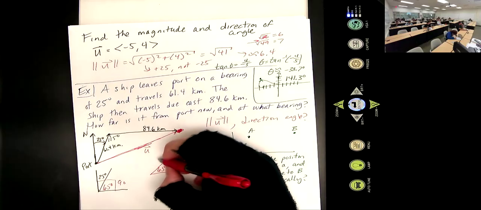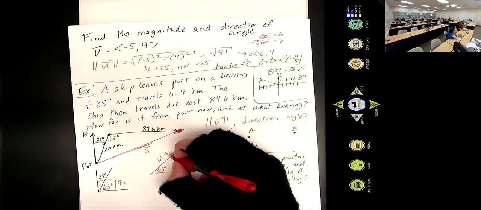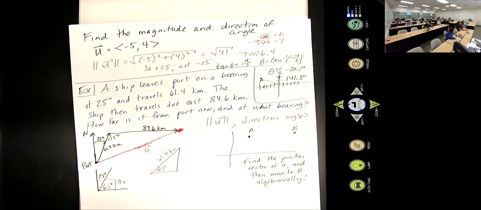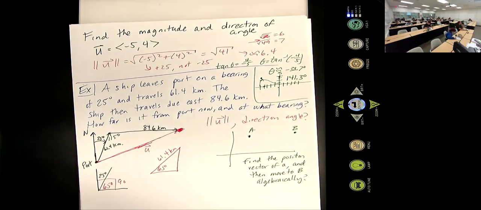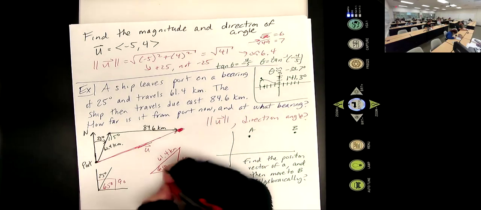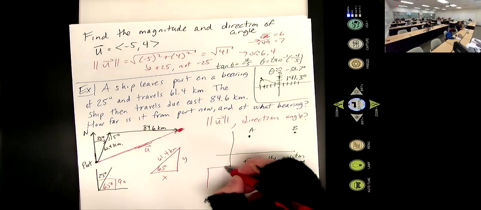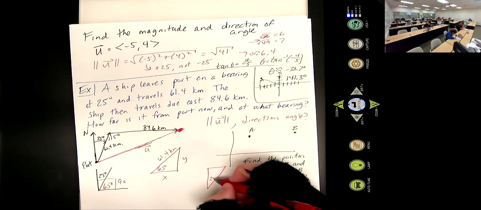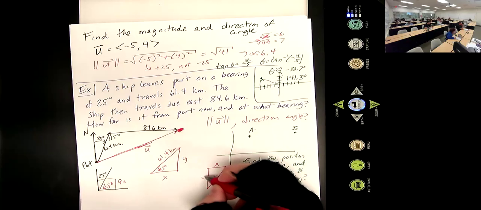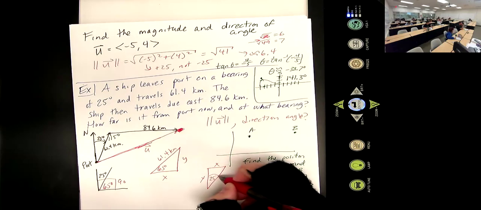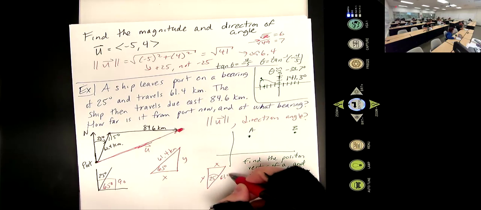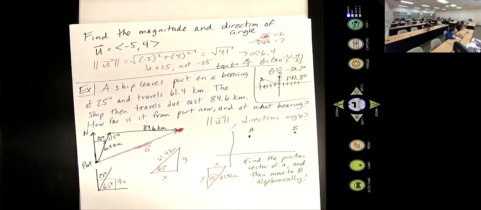We have this is 61.4. That's my y value, that's my x value. We could have done this just the same with 25 degrees down here. That's going to be your x value, that's your y value. And 61.4 kilometers, both will work.